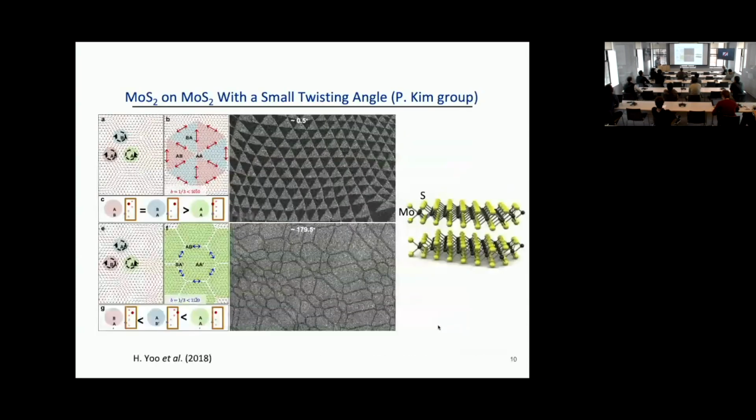The patterns are different if you use different materials. What I showed you a moment ago was graphene. This is molybdenum disulfide on molybdenum disulfide, and you can stack those in two different ways. At 0 degrees or 180 degrees would be the perfect stacking. So this is half a degree off one stacking. This is half a degree off the other stacking, 179.5 degrees, and you produce different patterns.